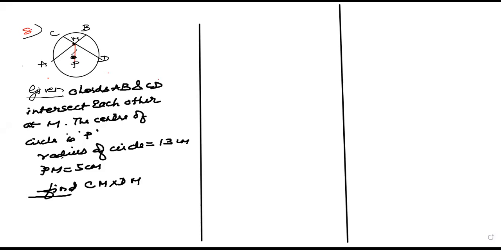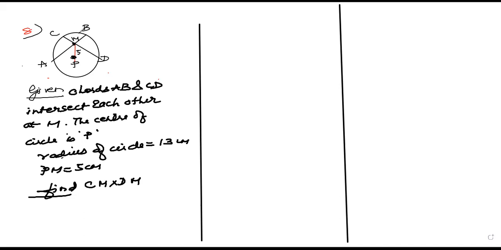The radius of the circle is 13, and PM is 5, children. They want me to find CM into DM. So what am I going to do?